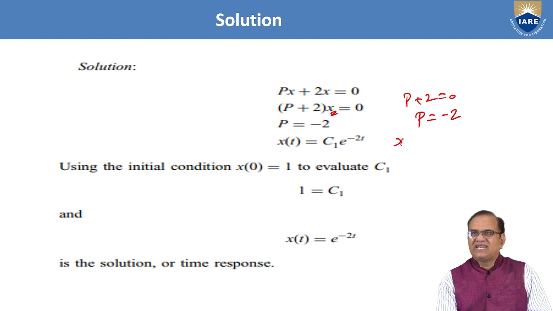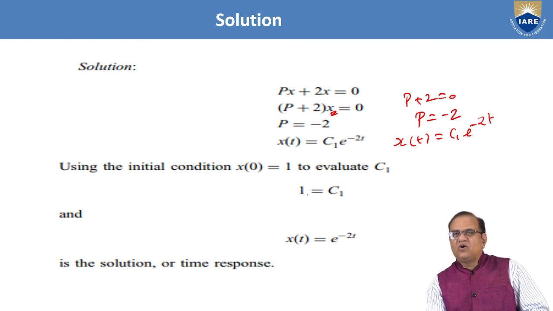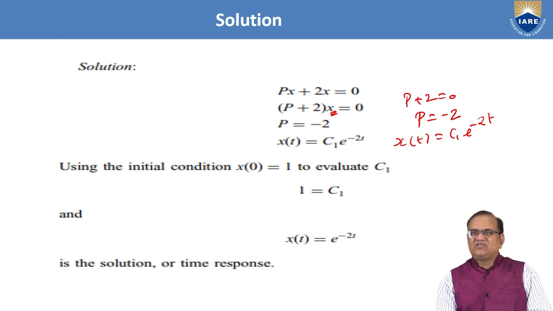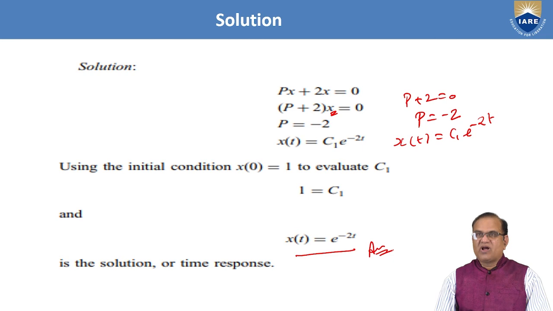So we can write x(t) is equal to c1 e to the power minus 2t. Using the initial condition x(0) is equal to 1, we get c1 is equal to 1 and x(t) is equal to e to the power minus 2t. So this is the solution for this problem.